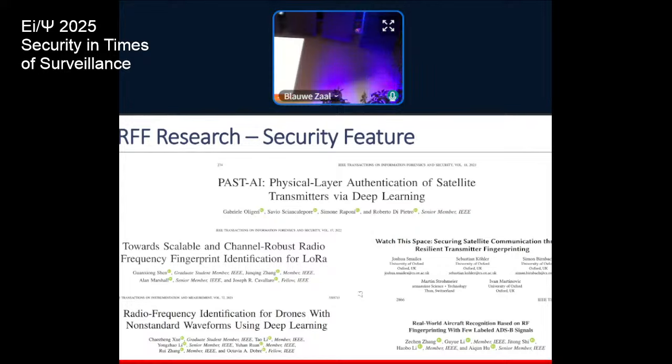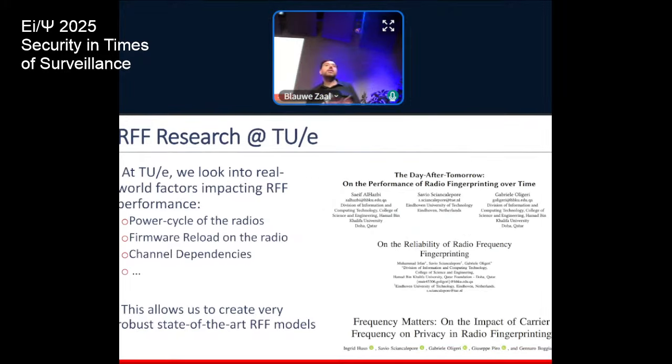Today, this is really used. We are also, as a research group in this area, applying this, for example, to satellites. And we have some ongoing research at UE in this area, using RFF as a security feature. For example, we investigate real-world factors that impact the accuracy of radio frequency fingerprinting.